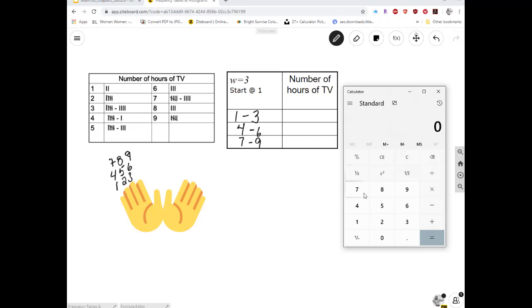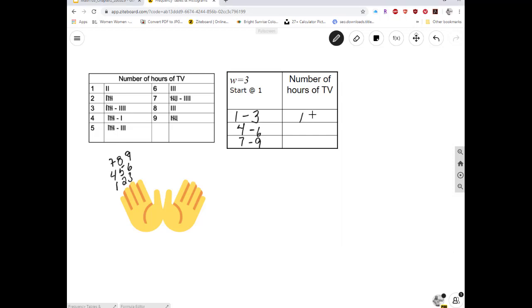There were 2 people that watched for 1 hour, 5 people that watched for 2 hours, and 9 people that watched for 3 hours. So the number of people that watched TV 1 to 3 hours was 19 people.